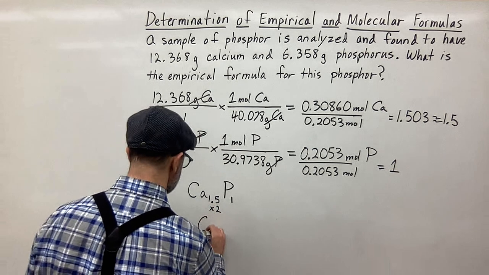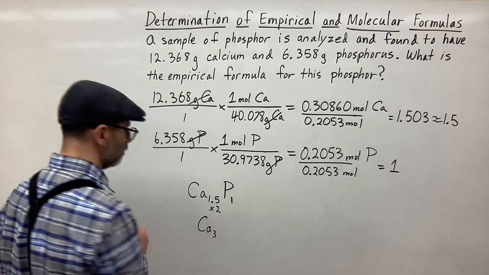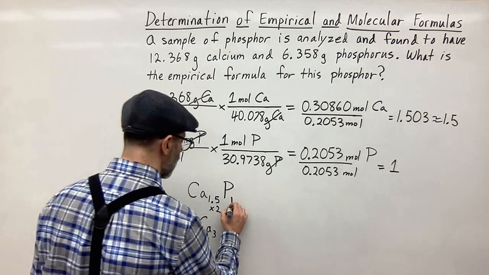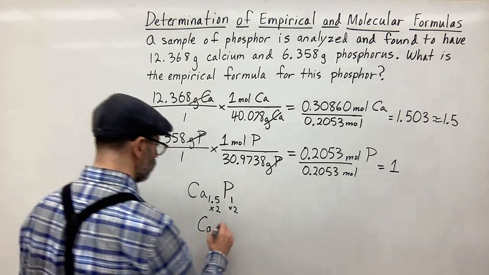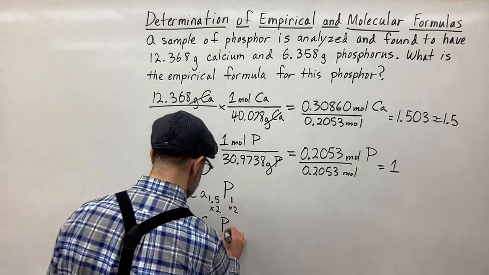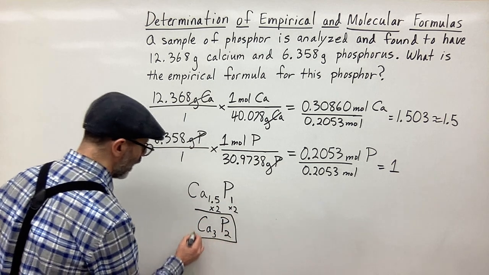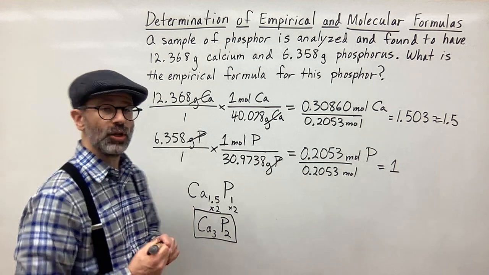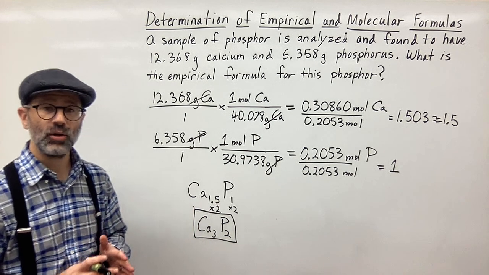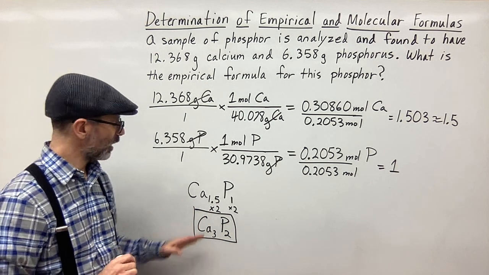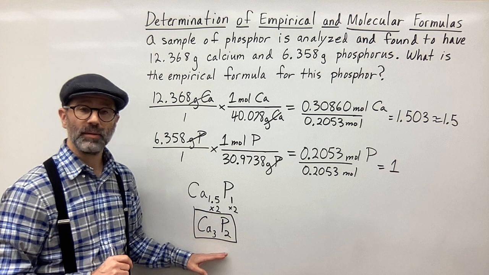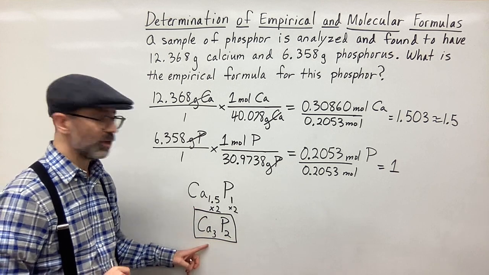So this becomes Ca3. And 1 times 2 is 2. So that becomes subscript 2. So then, ladies and gentlemen, that is the smallest whole number ratio that we can get, and therefore we have the empirical formula. Okay, so that's the empirical formula.